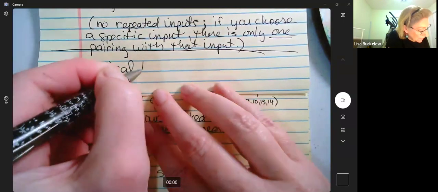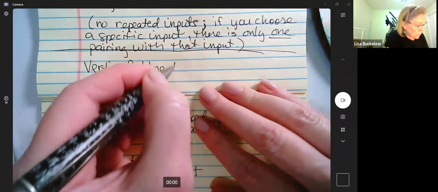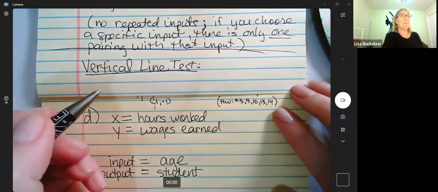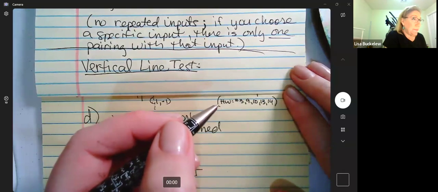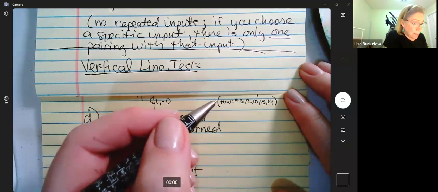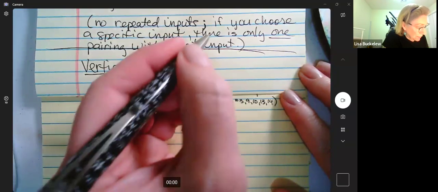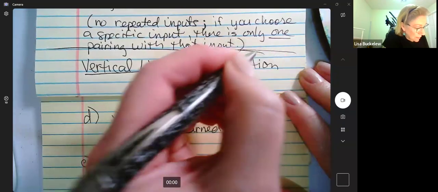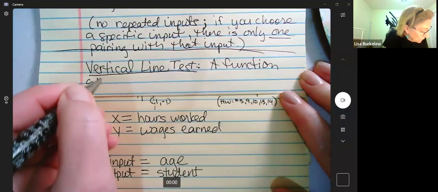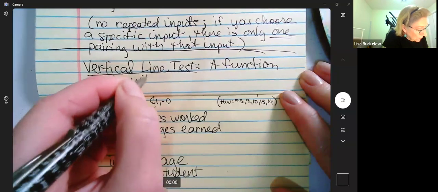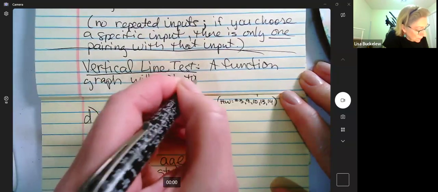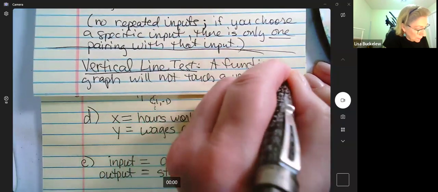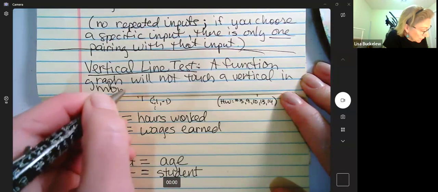So if you're looking up something in the examples and it refers to the vertical line test, that's just the idea that for it to be a function, there can be no vertical line that touches the graph in two places. So a function graph will not touch a vertical line in more than one place, more than one point.